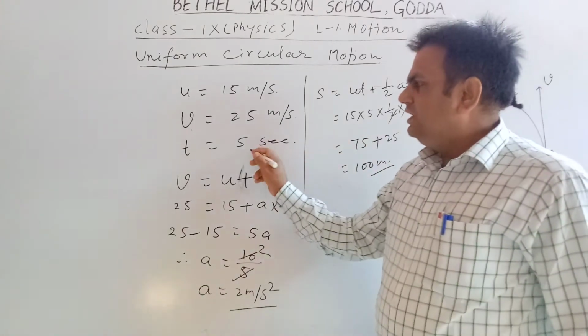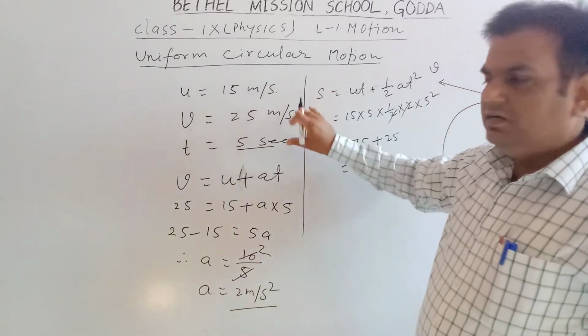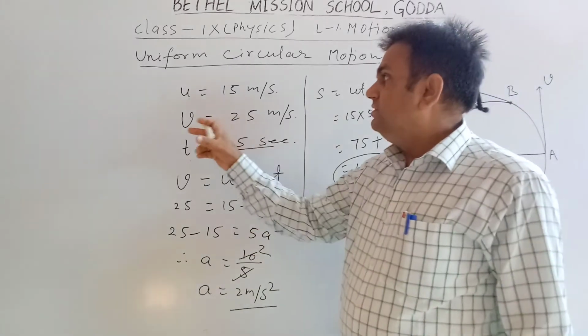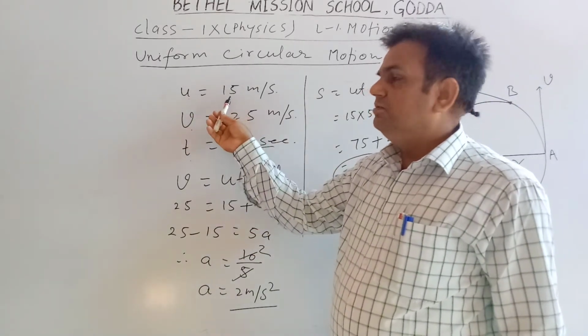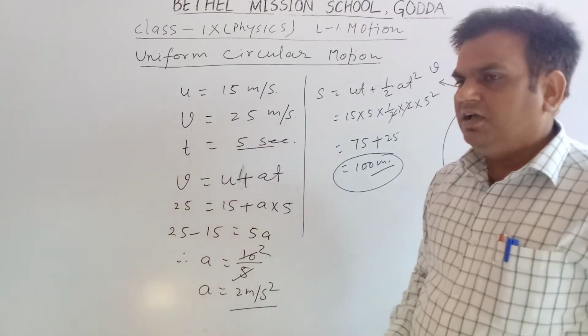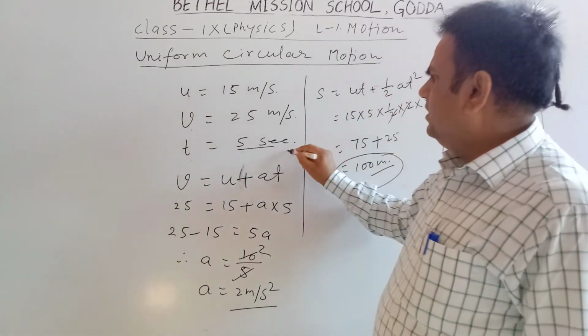So during this interval of time the object covers 100 meter distance, if the initial velocity of the object is 15 meter per second, final velocity is 25 meter per second, and time is 5 seconds.